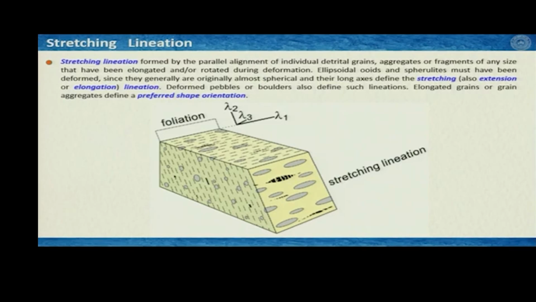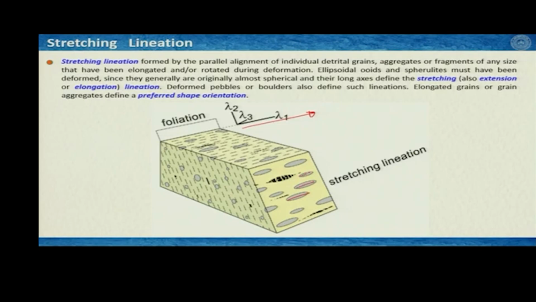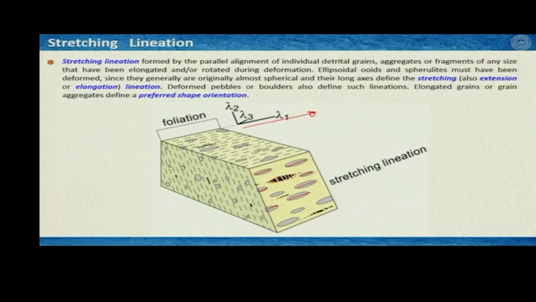As you can see here, this is the maximum stretching direction, lambda 1, quadratic elongation, and therefore you see that the grains are rotated, the grains are stretched in this direction. Few grains, stiffer grains, are also broken, forming some microboudinage and so on.